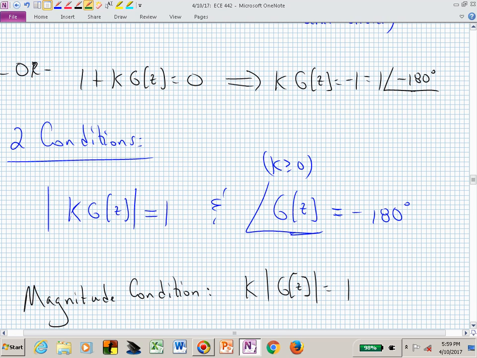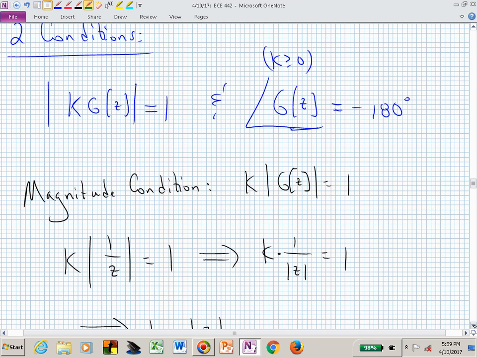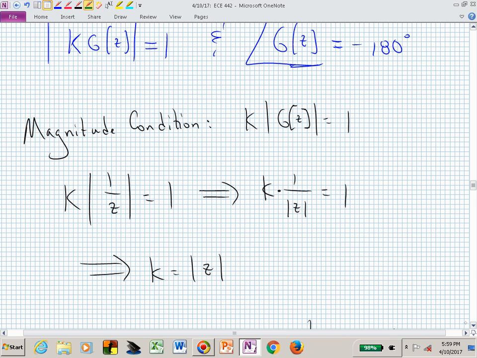And that K G has to have a phase of minus 180. So now we can actually find an expression for K as a function of z. And we can plug in different values of z to find the K's consistent with those values of z. From our magnitude condition, we see that K is just going to be the magnitude of z.